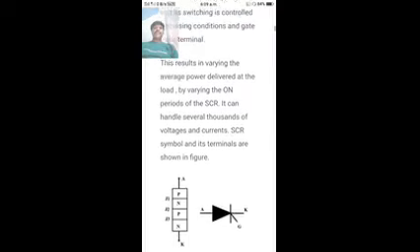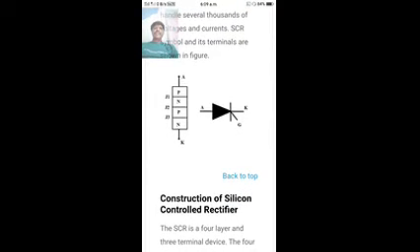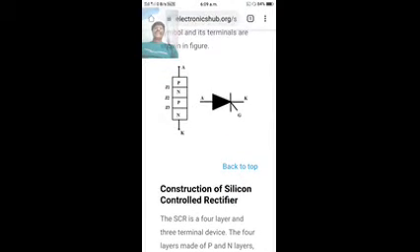So, the construction of a silicon controlled rectifier. See here, the silicon controlled rectifier is a 4-layer, 3-terminal power semiconductor device. The 4 layers are P-N-P-N. The outer P and N layers are heavily doped, and the middle N and P layers are moderately doped.